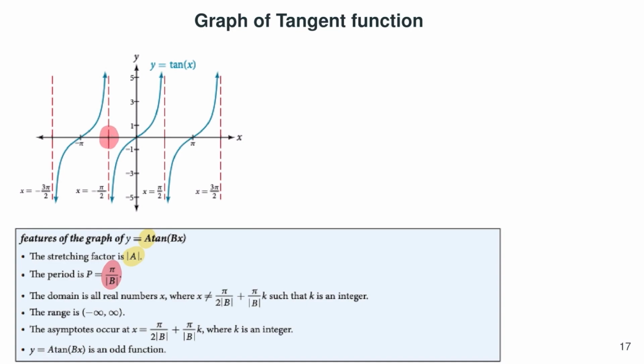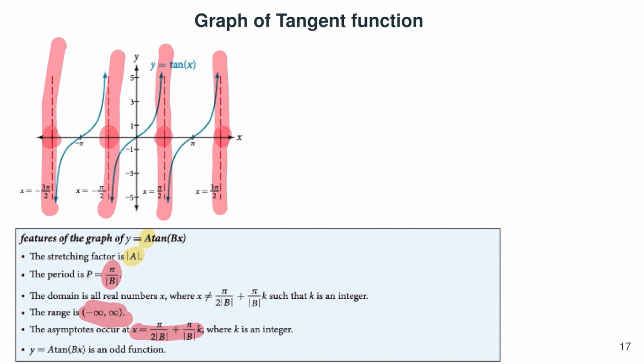We cannot include these values, because we do not have slopes at those values. But the range is everything. For tangent, the range can be any value. And it has asymptotes, which are these lines. We can find the equation of these lines by following this right here. And tangent without any phase shift and without any midline is an odd function.